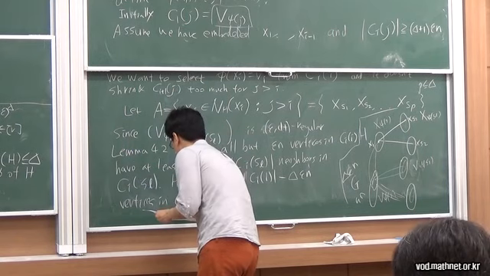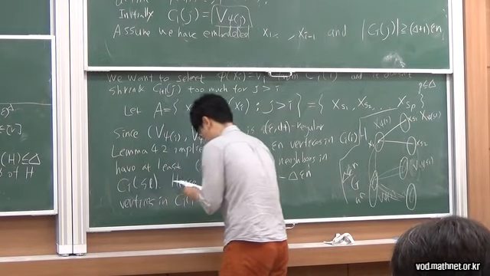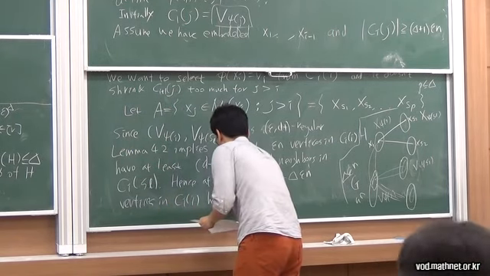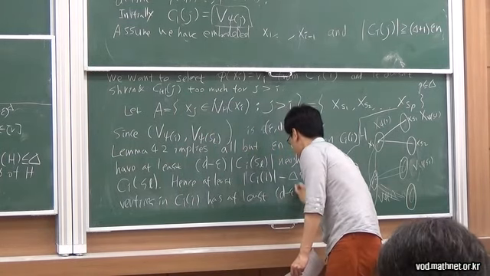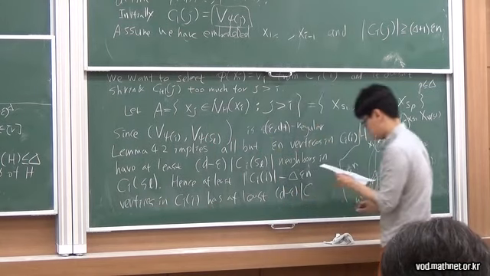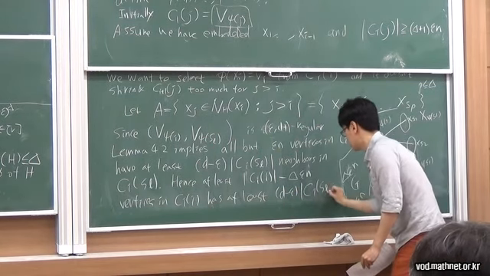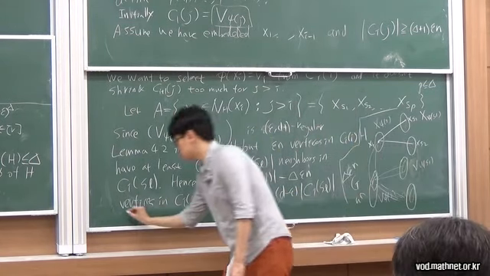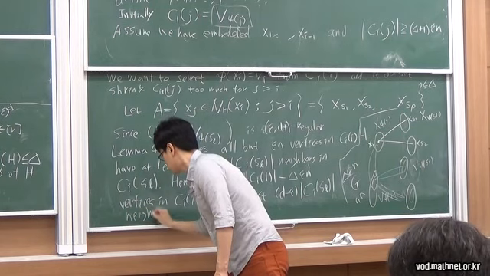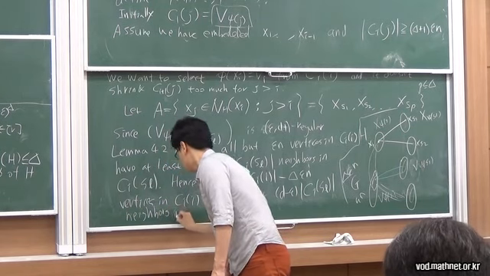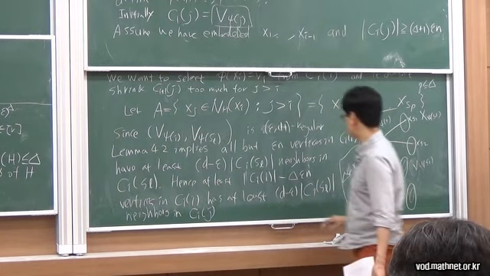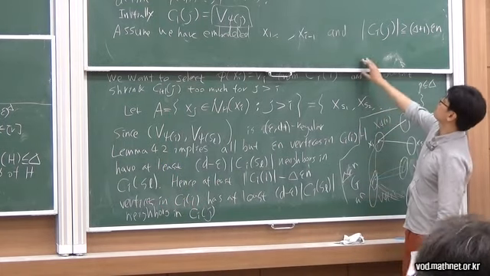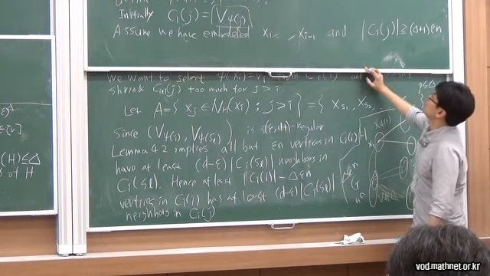Vertices in C sub I have at least d minus epsilon times C sub I SL neighbors in C sub I J. And then, by our assumption, what did we assume?